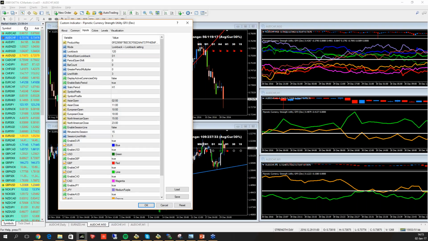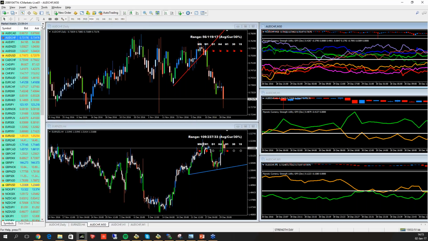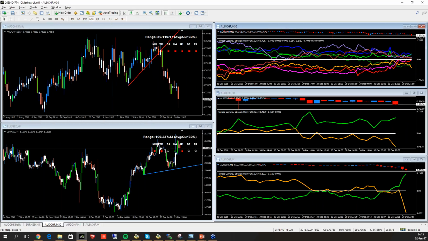So when London town starts going, I want to be able to see early developments in which currencies are being bought and which currencies are being sold since the beginning of the London session. And the London session is really good for this because if you look at shorter term trades, then you can spot very, very early on in the trading session which currencies are being bought and which ones are being sold.